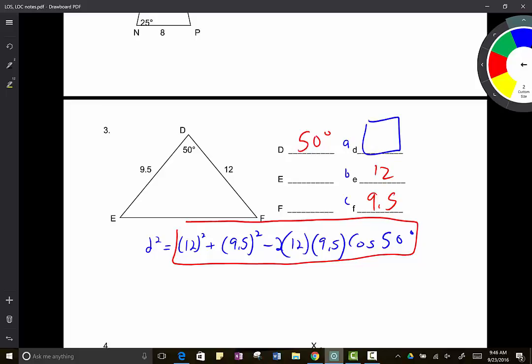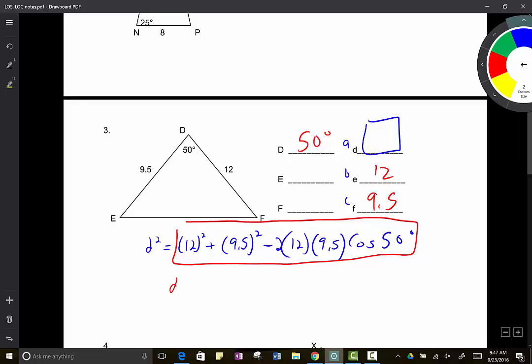I know that's not right. Let's see. 12 squared plus 9.5 squared minus 2 times 12 times 9.5 times the cosine of 50. Well, I got the same thing again, so I guess that is right.